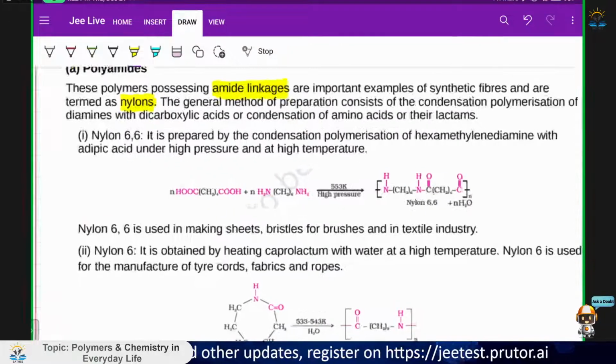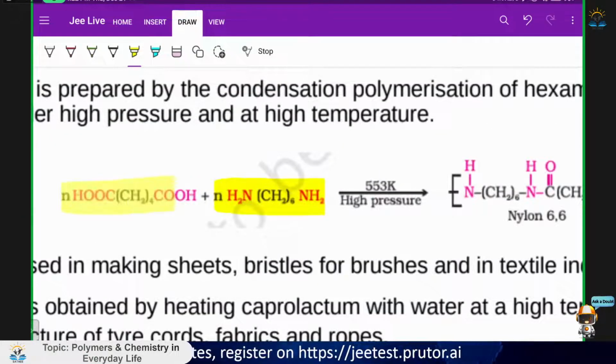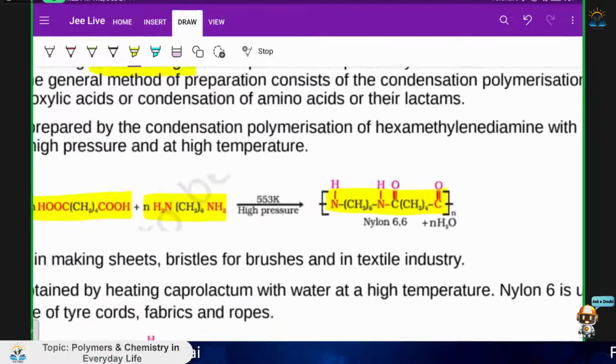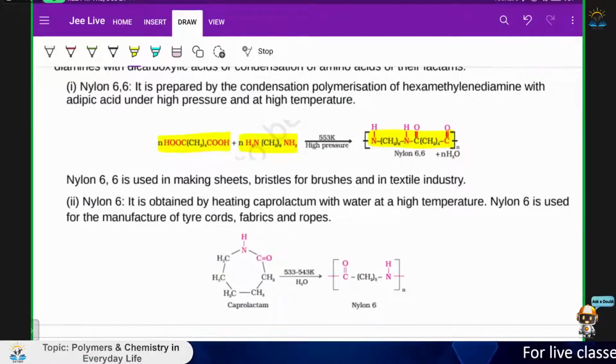So we have hexamethylene diamine here. It combines with adipic acid. And what happens here? Water is eliminated and an amide link is formed. This unit repeated n times is our polymer nylon 66. It is used in making sheets, bristles for brushes, and in the textile industry.